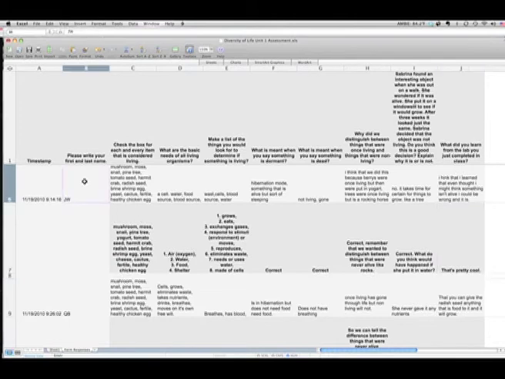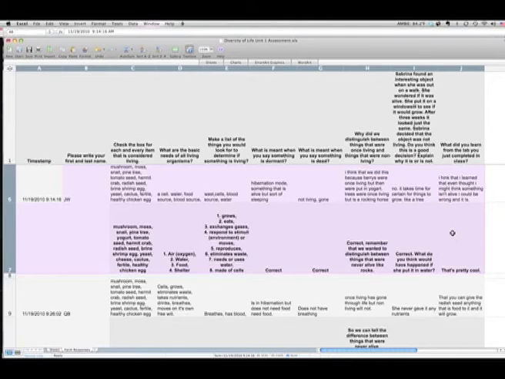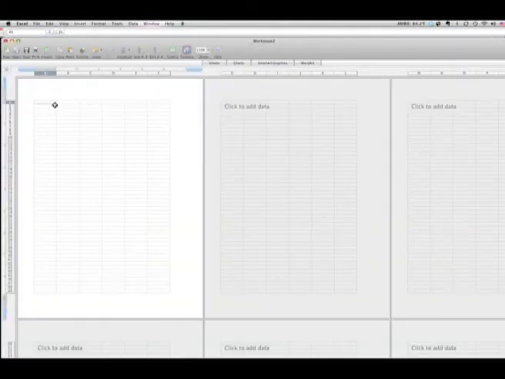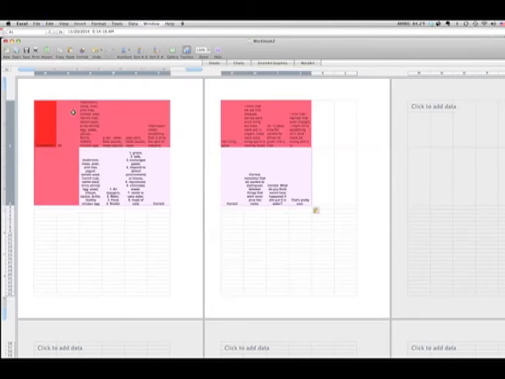So now I've got this part right here that is specific to that student. And if I copy that and open up a new Excel spreadsheet, I can then paste that in here. And I've got something that is specific to this student.